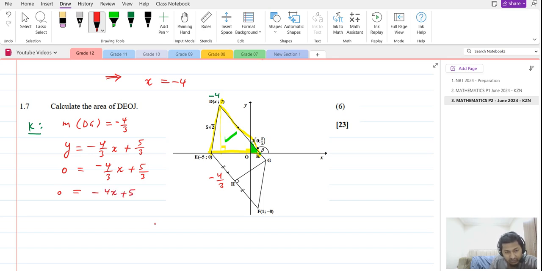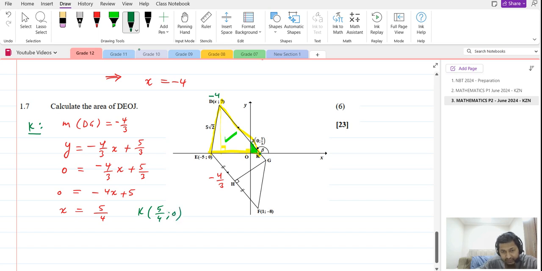You take the 4x over and divide by 4. So x equals 5/4. So now we know the coordinates of K, right? So K is (5/4, 0).